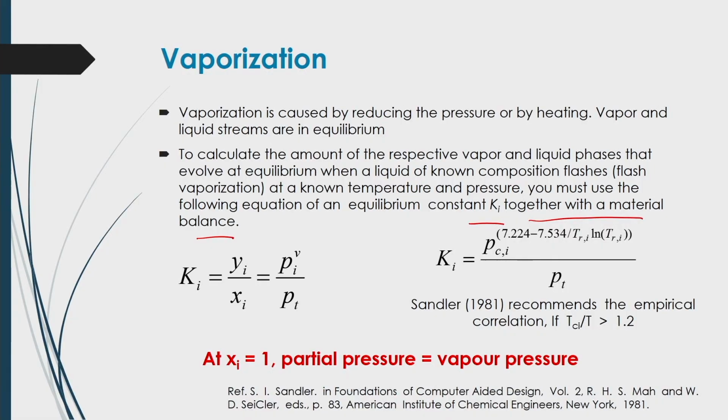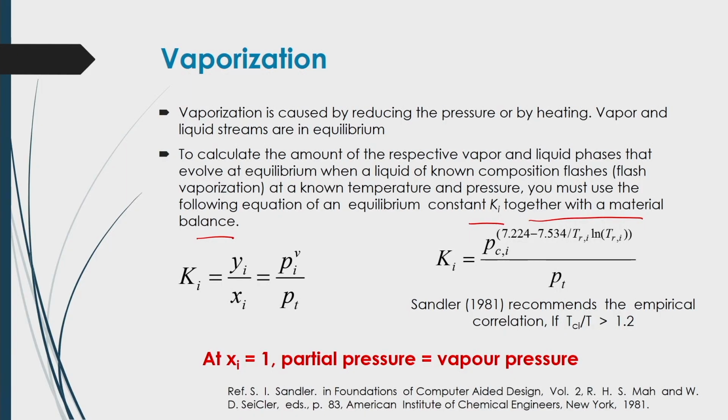At that condition vapor and liquid will be in equilibrium, and the composition in the vapor, let it be considered as Y I for that component, and in the liquid phase the composition will be X I.